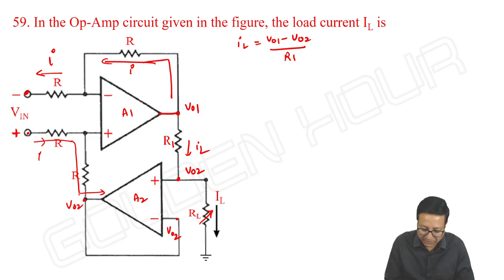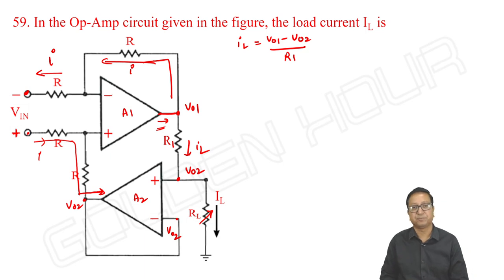But the current entering the output terminal of A2 is no doubt I. Here you can see some current maybe coming down or up, we do not know, and there is some current IL. So this I is not equal to IL. Please do observe this, because there is a possibility of this current. Once you observe it, that is fine.